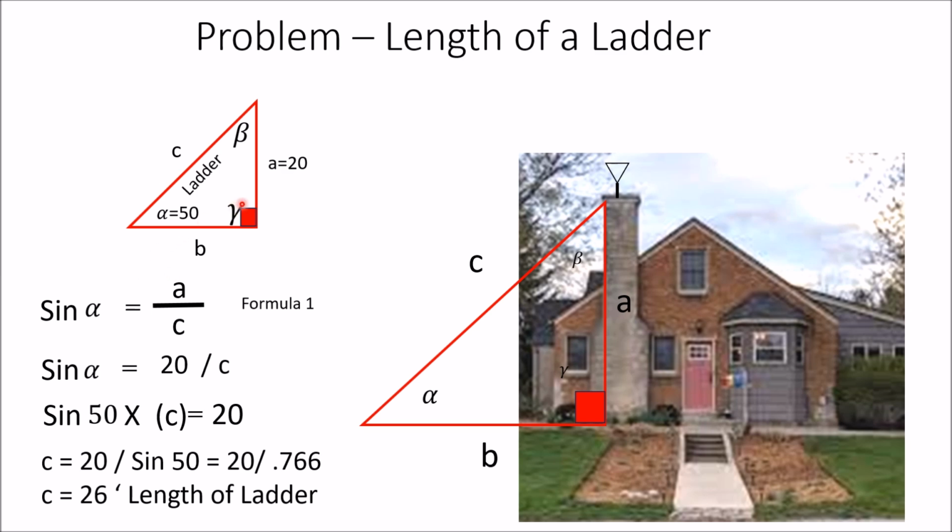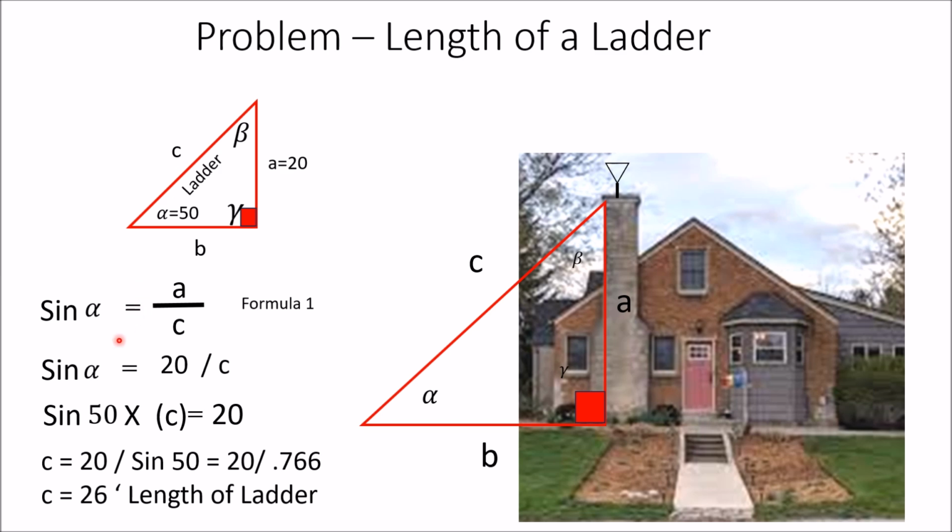So let's say, for example, that we measure this angle A with a protractor, and it turns out to be 50 degrees. We know the height of the chimney is 20 feet. We don't know how long the ladder needs to be. So we know A, we know alpha, and we're trying to find C.